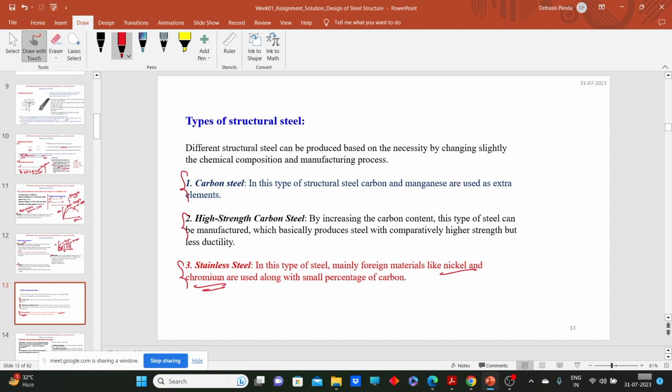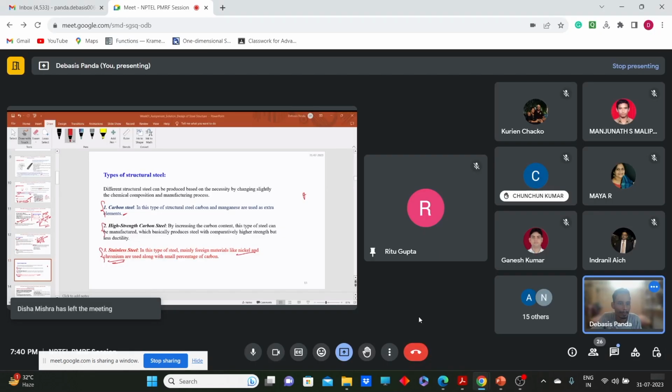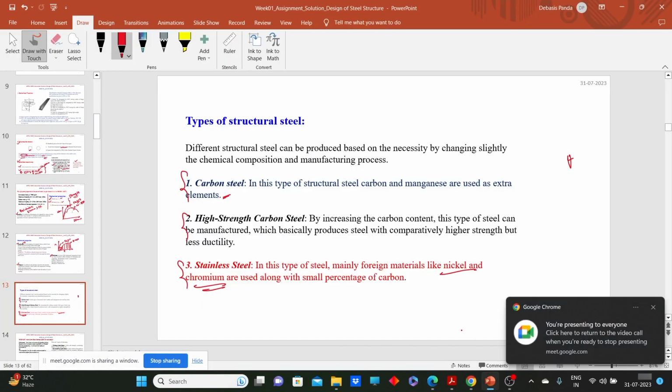Now let me explain one vital concept. With carbon content, if we increase it, what happens? Generally, what is the carbon content for steel? Write it down. Basic carbon content generally varies from 0.2, right? So if we increase the carbon content, what will happen?